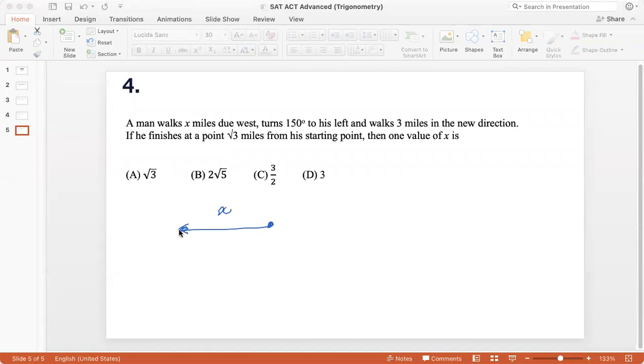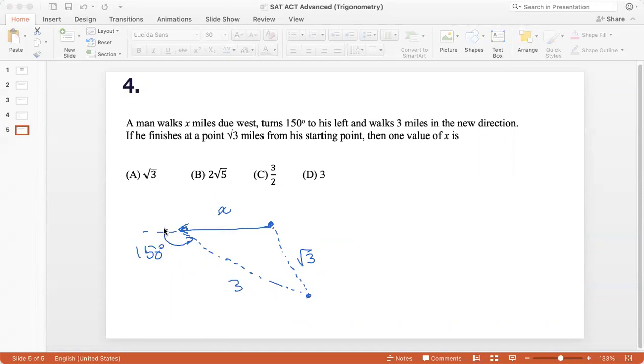So 150 degrees would be like this, because he would take this angle as 150 degrees and walks 3 miles in the new direction. If he finishes at a point, let's say he finishes here, root 3 miles from his starting point. So this is root 3 miles. Then what is the value of x?